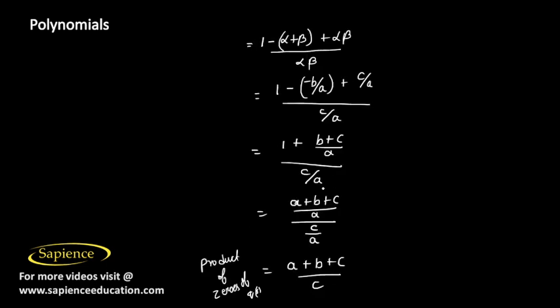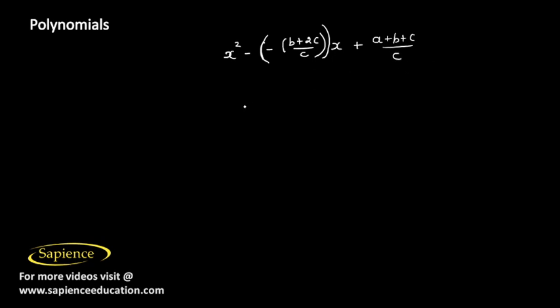With this we can build a polynomial which will look like this: x² minus the sum of zeros, which is −(b + 2c)/c, into x, and we also have the product of the zeros, which will be (a + b + c)/c.